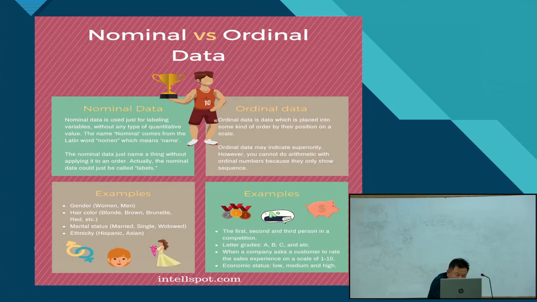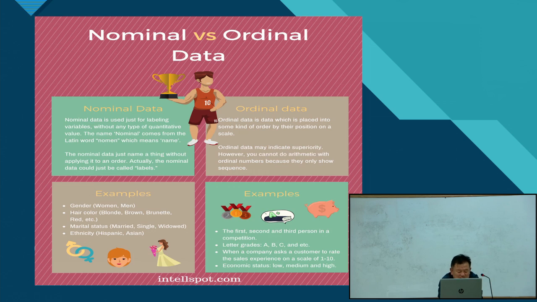Also, the other pictures compare the nominal and ordinal data. Nominal data is used for labeling variables without any type of quantitative value. The name nominal comes from the Latin word nomen, which means name.